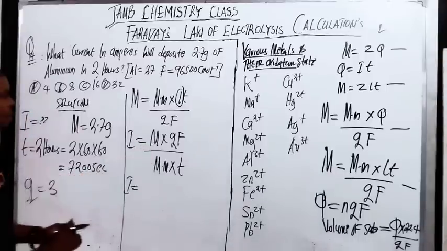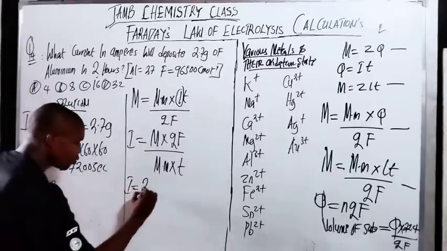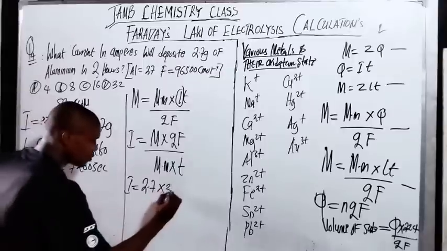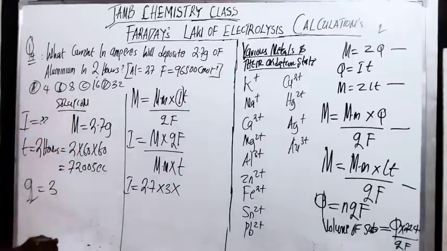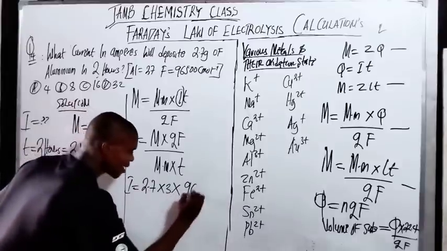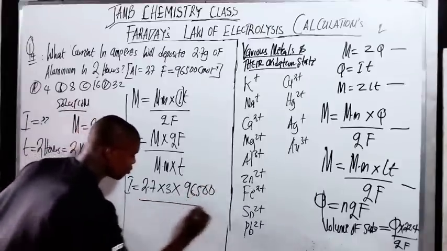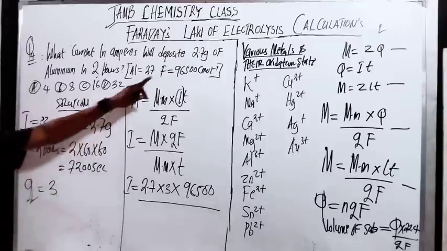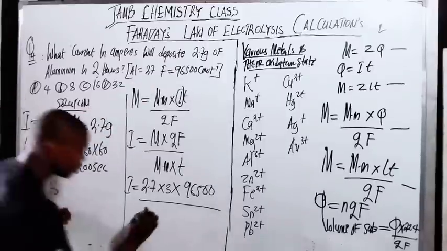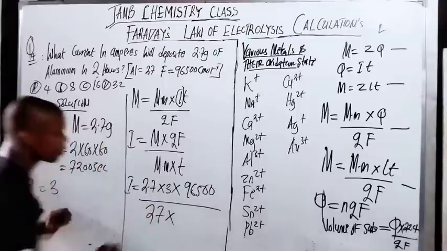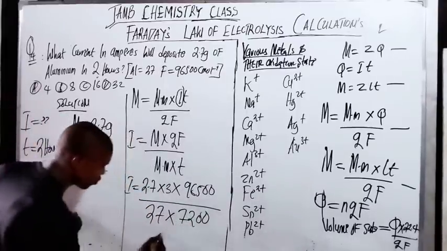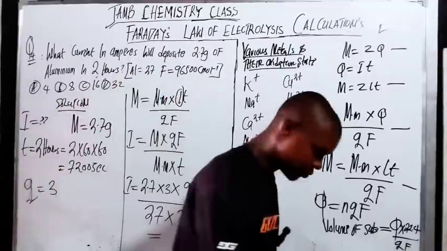My mass is 2.7 times my Q, which is 3, times my F, which is 96,500, over my molar mass. Your atomic mass is 27, so that is going to be 27 times my T, which is 7,200. So let's use our calculator here.